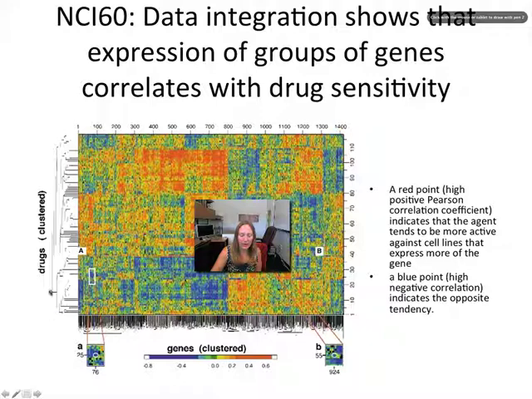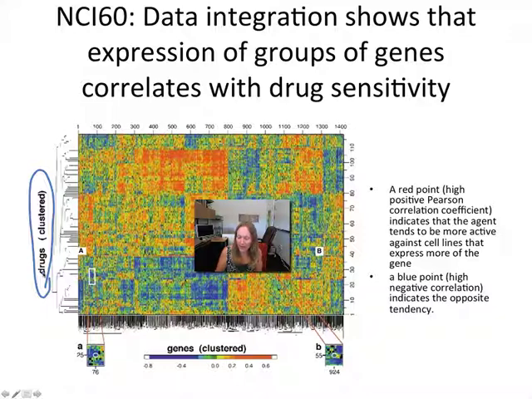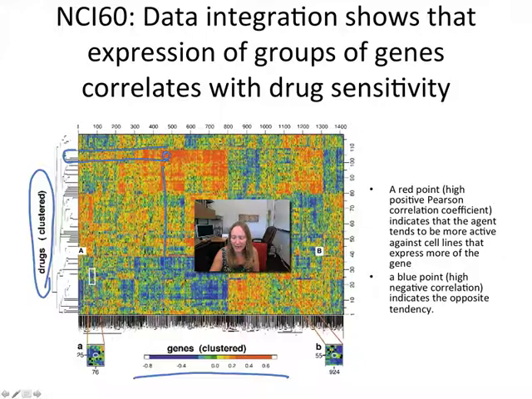What they're showing here on the y-axis is drugs being clustered together, and on the x-axis they're clustering genes together. So this is across cell lines. And basically each little spot in this heat map shows how well drug agents of this type perform in cell lines that have this kind of expression.